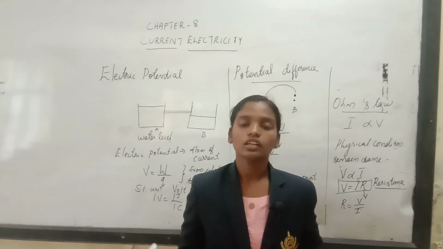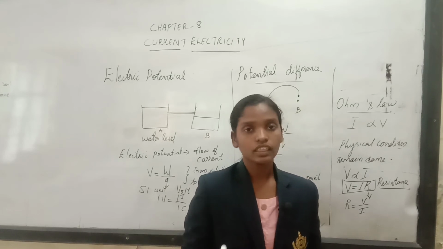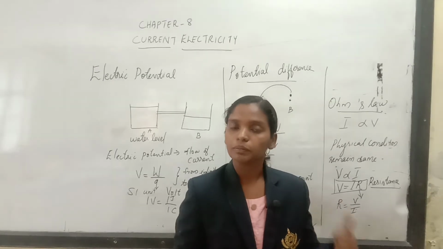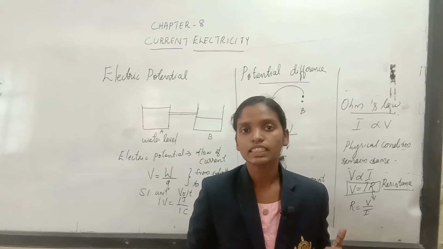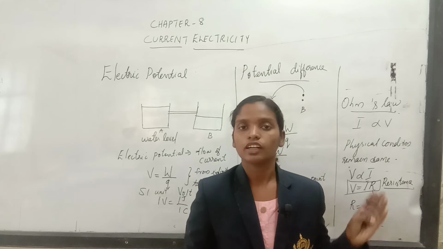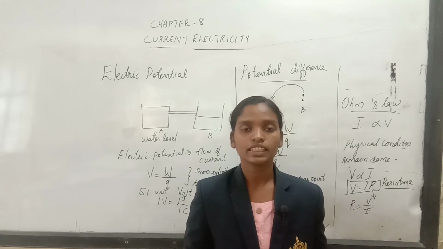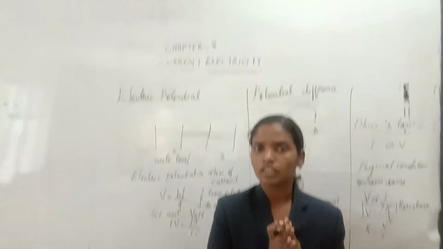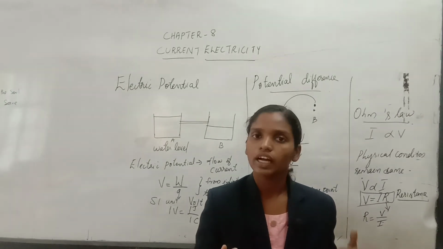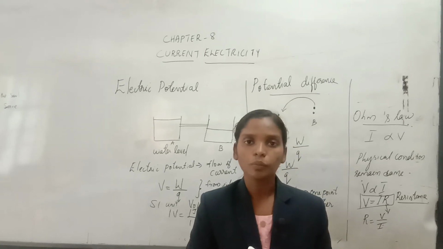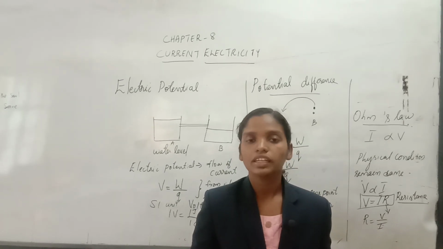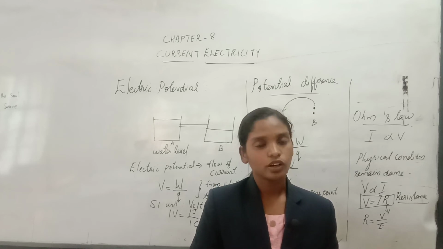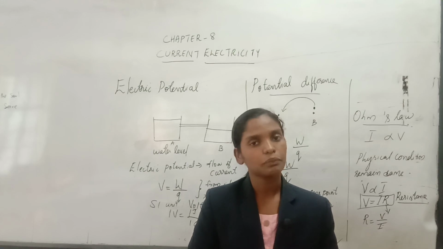We are clear about charge, current and potential, and how they are related using Ohm's law, and from it we derived V is equal to IR and R is equal to V upon I. Resistors which follow this rule under constant temperature and pressure are ohmic, and if they do not obey it, they are non-ohmic. So now I am sure you are all clear with the basic concepts of this chapter. Thank you.